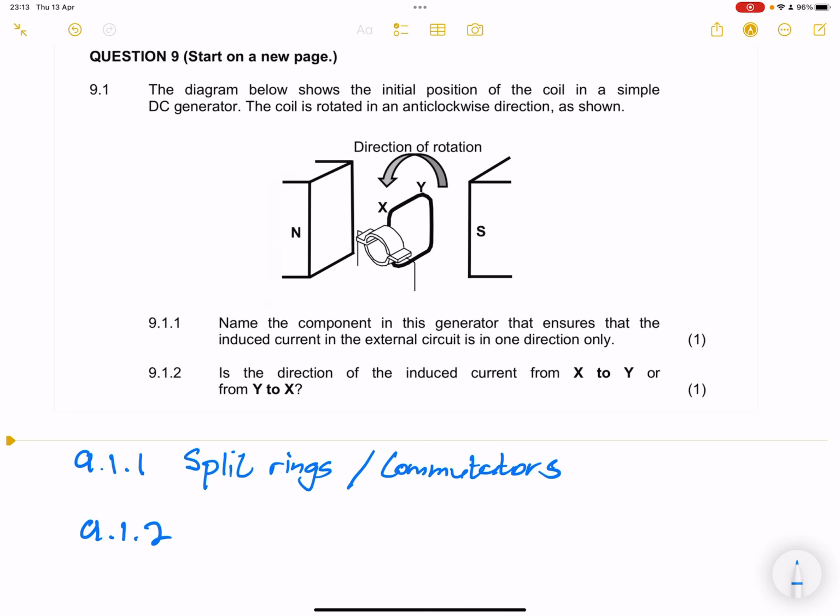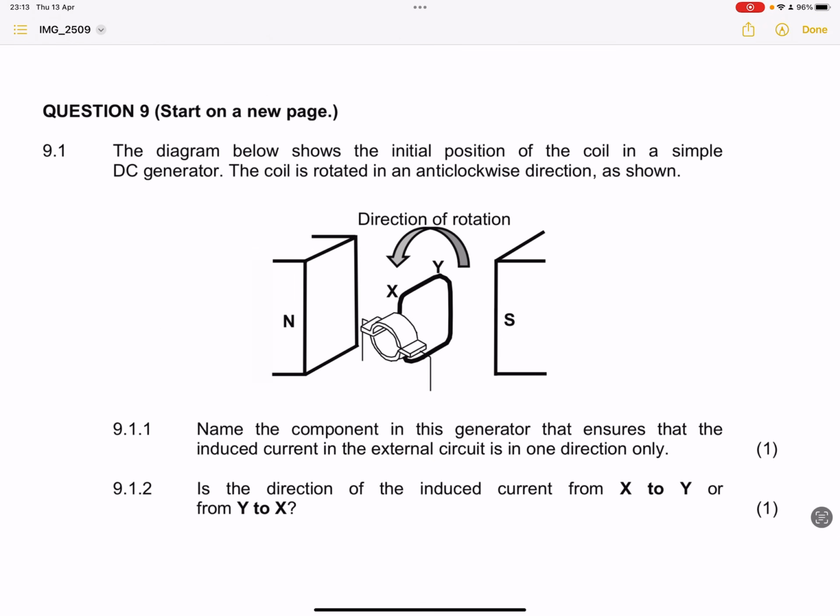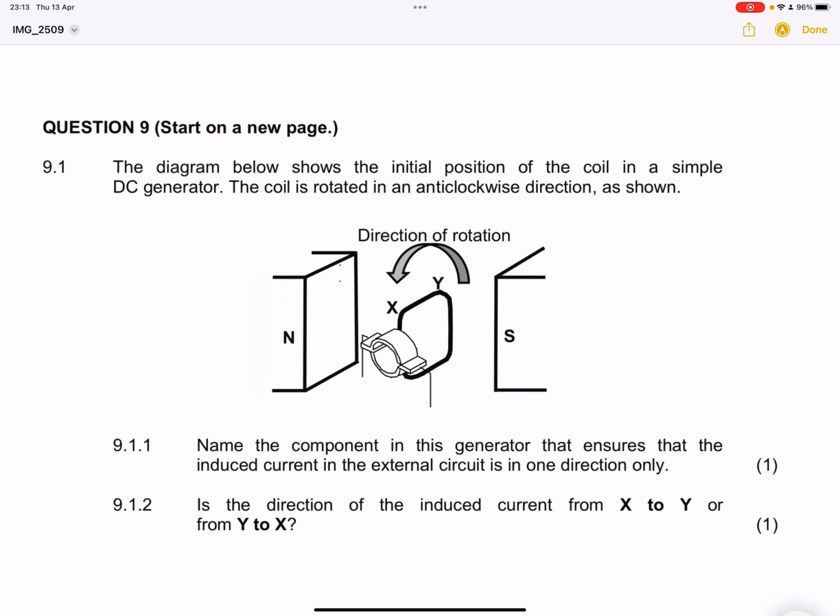They say, is the direction of the induced current from X to Y or Y to X? Remember that the magnetic field always moves from north to south. Given that this is a generator, we're going to use our right hand, placing the thumb, the forefinger and the second finger at right angles to each other.